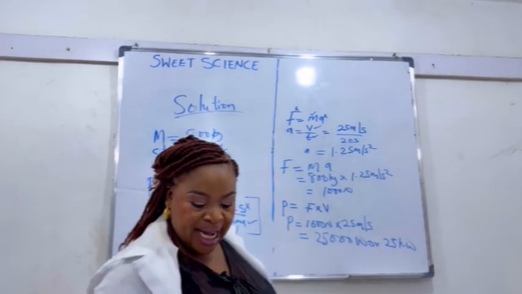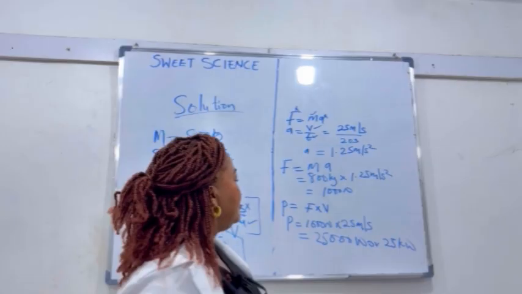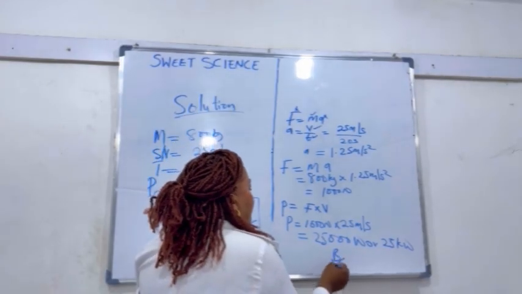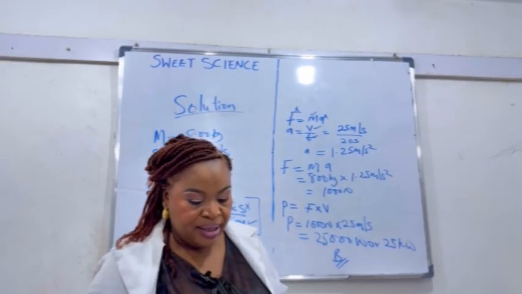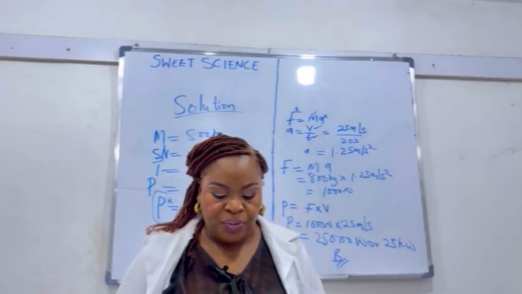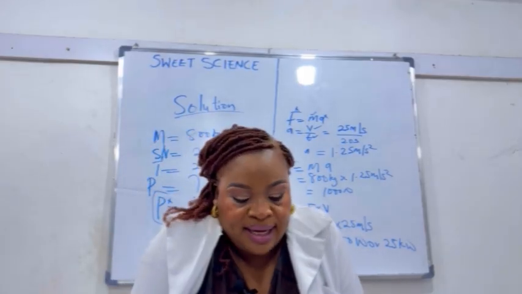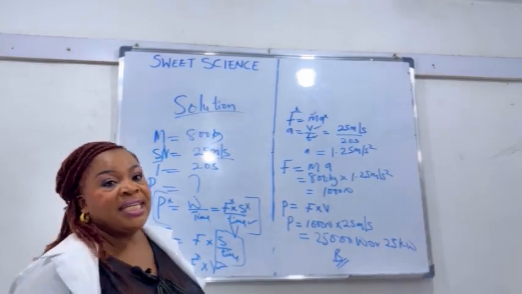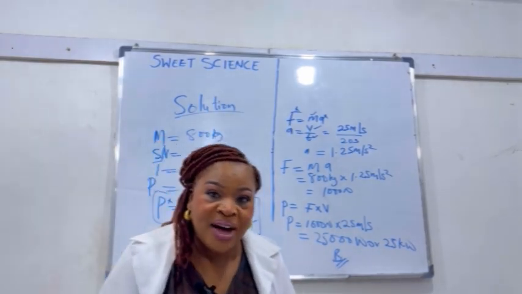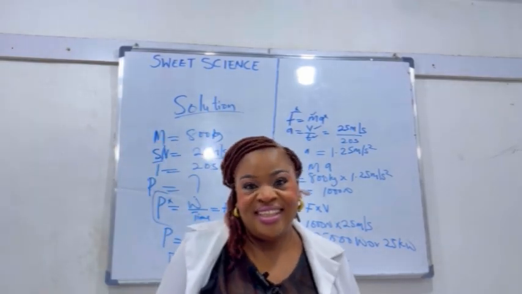So the correct option here is B, which is 2.50 times 10 to power 4 watts. That is the correct option here. Keep solving. It's interesting. Thank you.